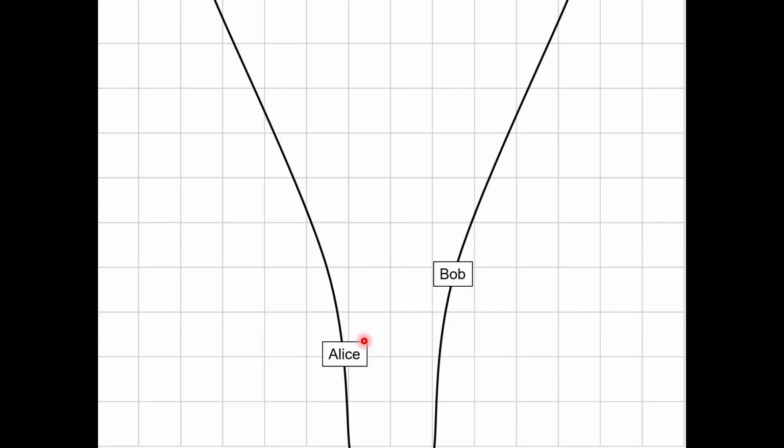Alice creates a field which affects the trajectory of Bob, and Bob creates a field that affects the trajectory of Alice's world line. Notice that this is a back and forth exchange because the change of the trajectory of Bob affects how it will affect the trajectory of Alice and vice versa.